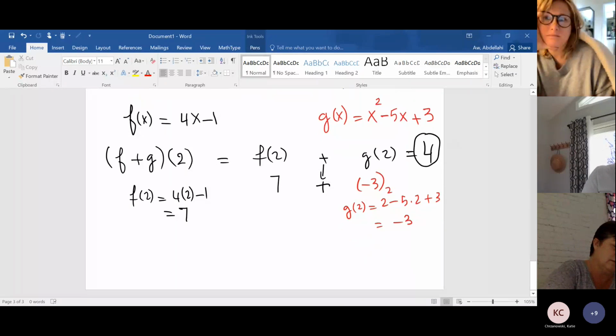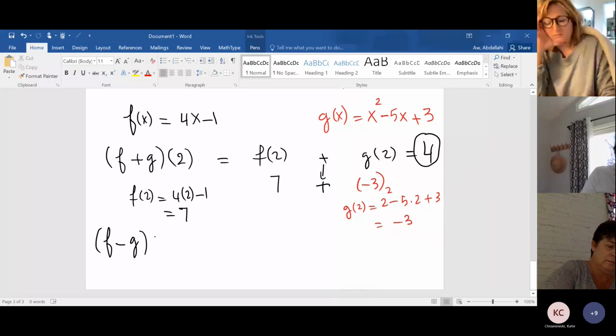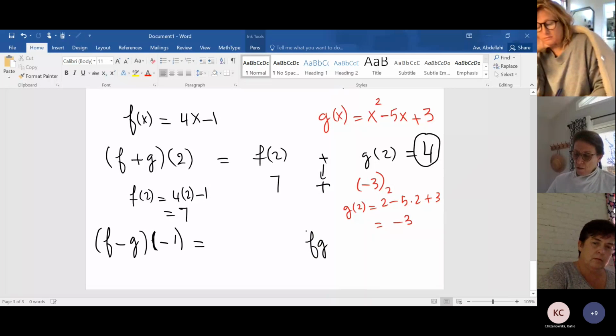For the same functions right here, I'm going to ask you to do f minus g of negative 1. Then f g of 0.